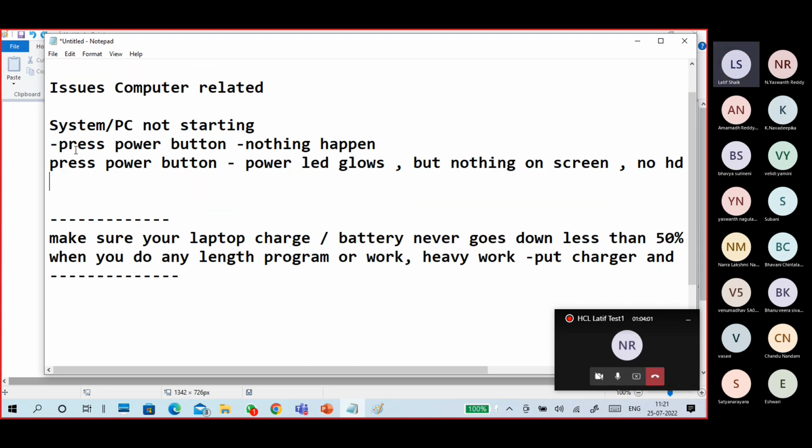Again, we'll come back. If the PC is not starting and nothing happens, it may be because of the power connection. Maybe the outside power connection, the main power connection, switches or anything, or the SMPS.